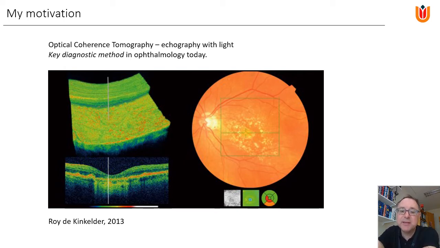You can also see some anomalies, the yellow dots. Based on this image alone, it is hard for the ophthalmologist to make a diagnosis, but given the 3D information that OCT provides, it is easier, perhaps clearer, to make a diagnosis.